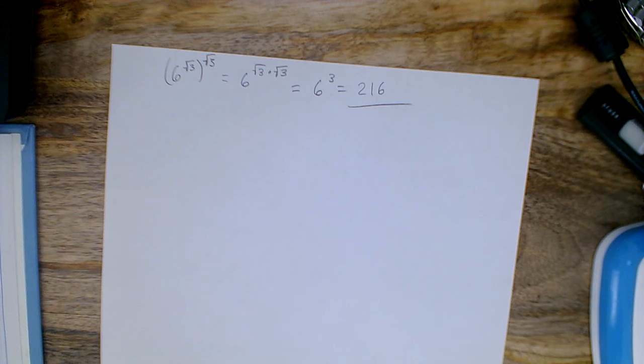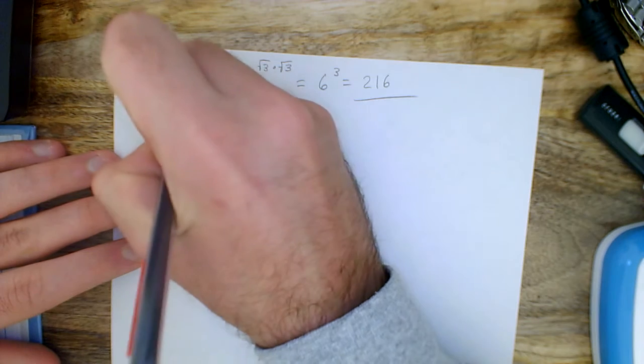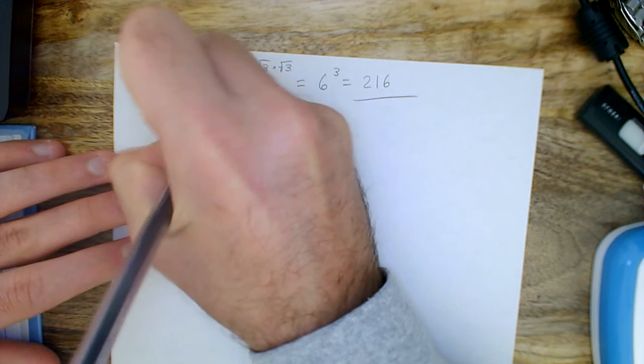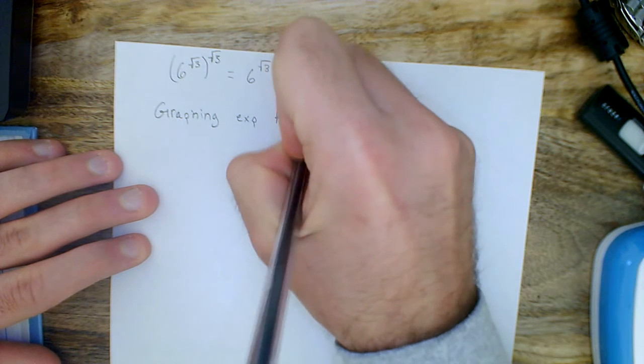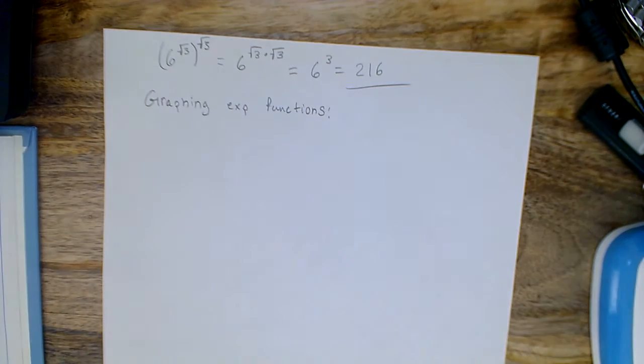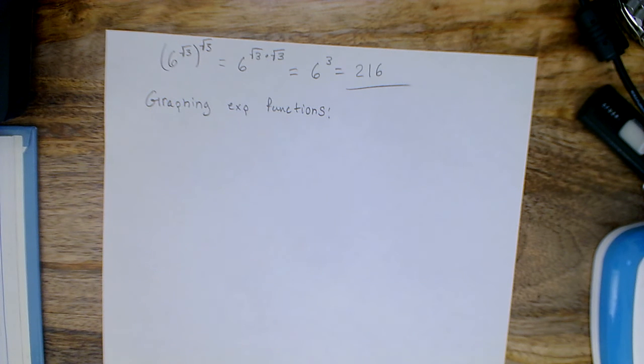Okay, moving on. Now we're going to talk about graphing exponential functions. We're going to start out with the method, before we would talk about just graphing functions by making the x table and the y table. And then we learned about finding x-intercepts and y-intercepts.